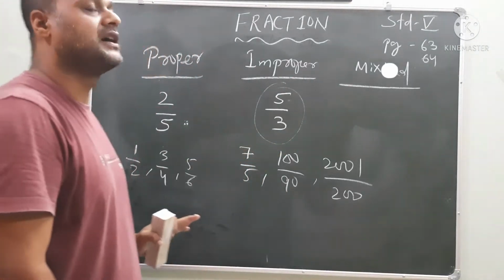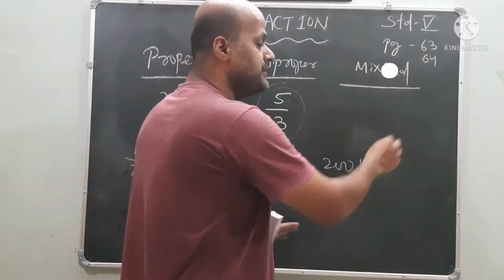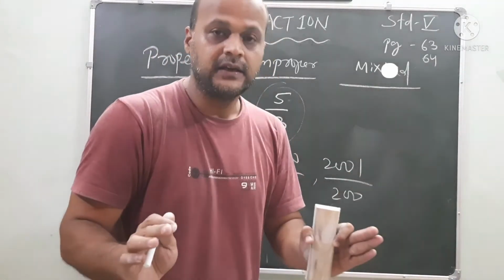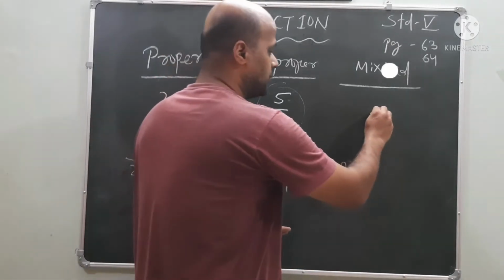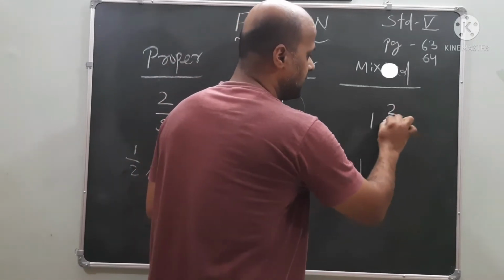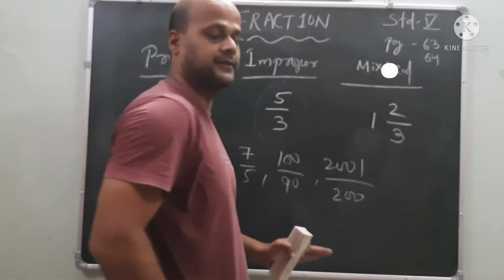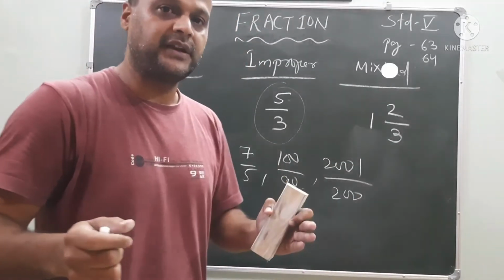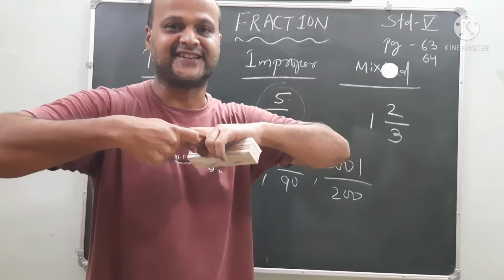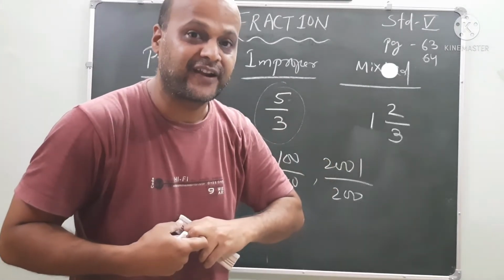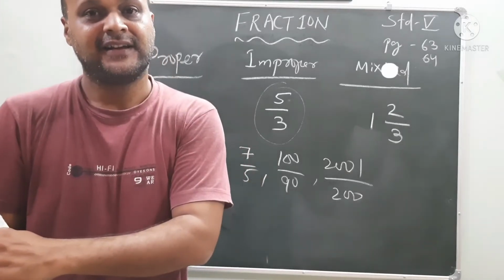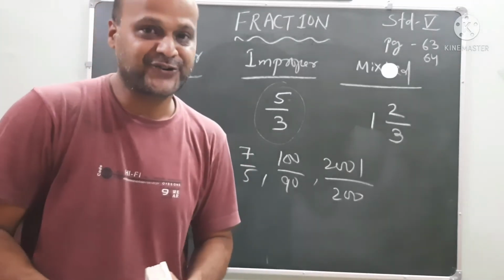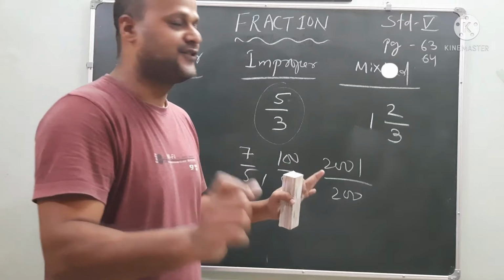Mixed fraction. What is a mixed fraction? A mixed fraction is a combination of a whole number and a proper fraction. Combination means they are making friends with each other. One is a whole number and the other is a proper fraction. Understood, my dear friends? So don't be confused.